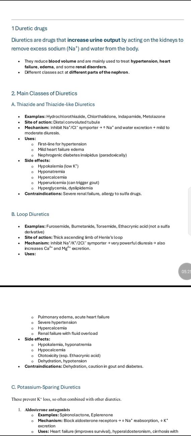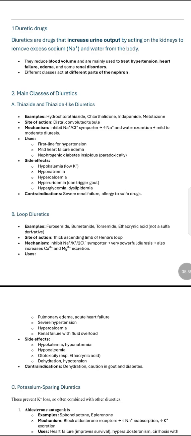These are going to reduce blood volume and are mainly used to treat hypertension, heart failure, edema, and renal disorders. Remember that in heart failure, for instance, right-sided heart failure, there's edema, where there's accumulation of fluid in the interstitial space. So different classes act at different parts of the nephron.